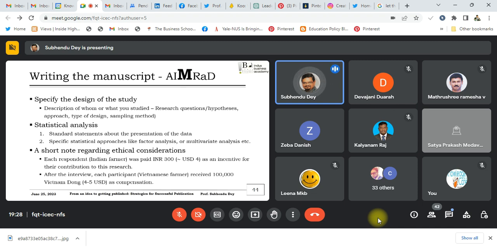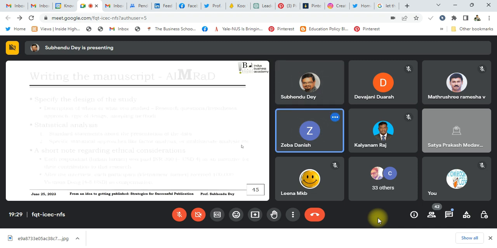That's okay. There's no hard and fast rule about that, but you do have to mention it. Disclose it, that is important. You have to provide all the kinds of disclosures. And if you look inside the paper, you will find where we have written how much each of the Indian farmers was paid, how much each of the Vietnamese farmers was paid. So that's extremely important. Clear? Okay, sir. Thank you, sir.